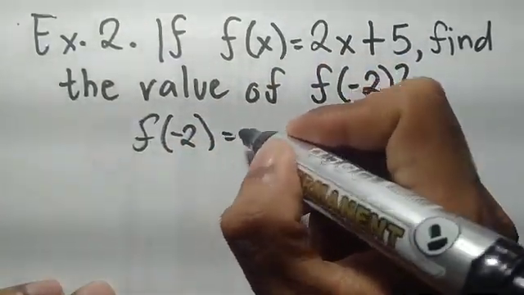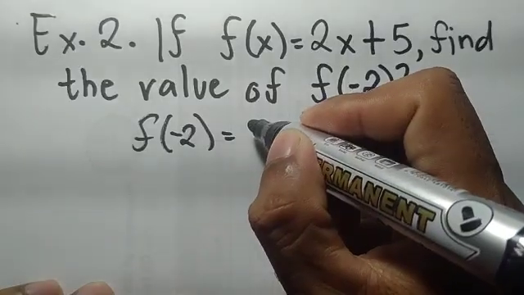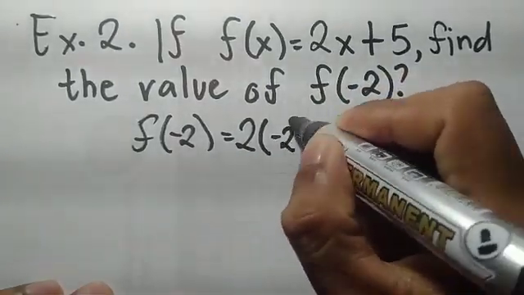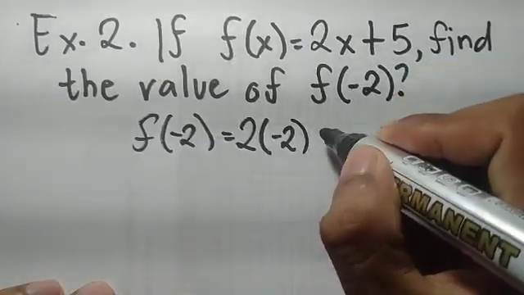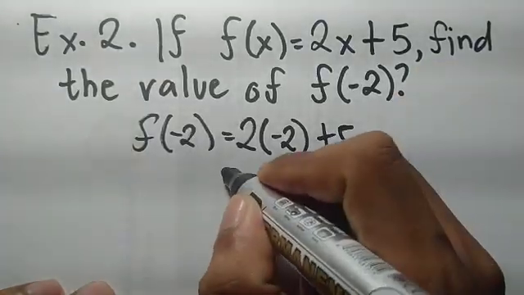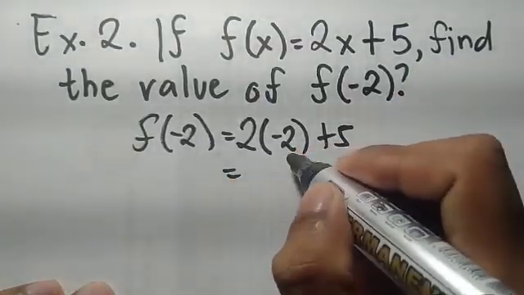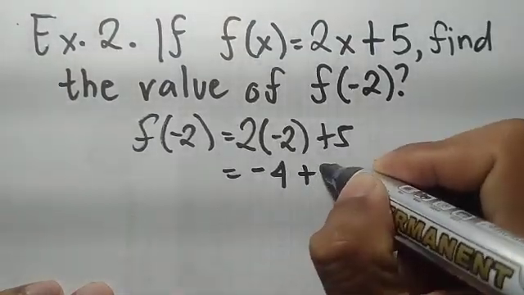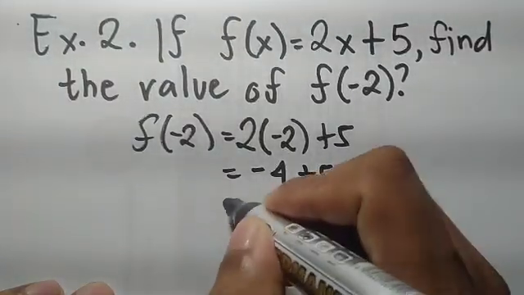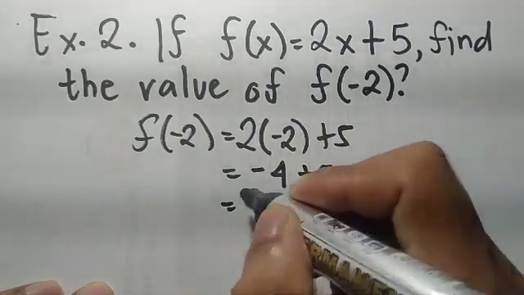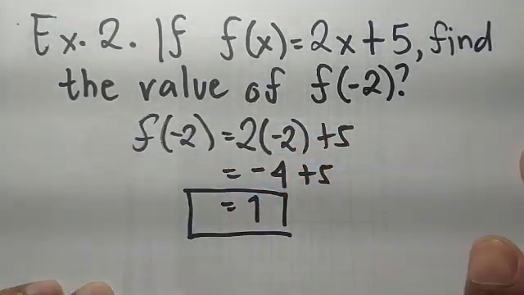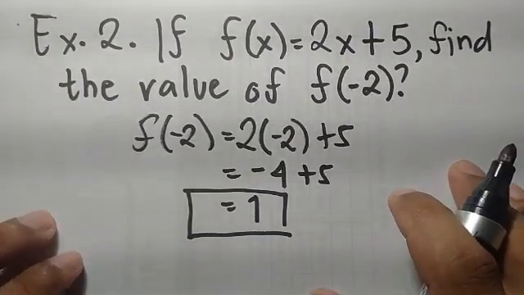Instead of writing 2x, we write 2 times negative 2, and plus 5. We just do the math. So 2 times negative 2 is negative 4. Bring down 5. So negative 4 plus 5 is positive 1. So the value of f of negative 2 is positive 1.